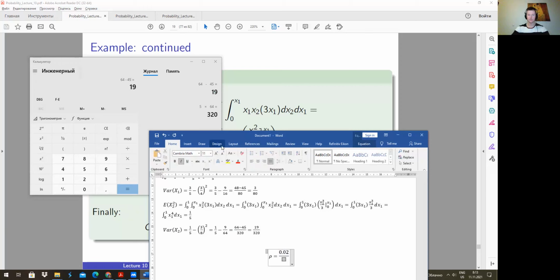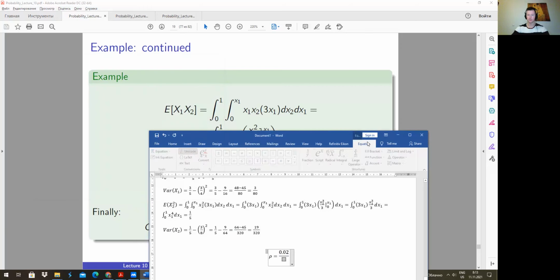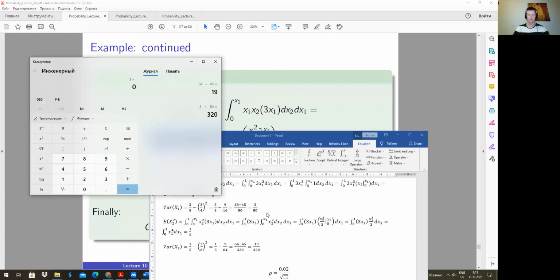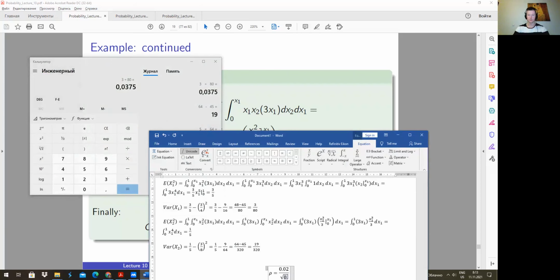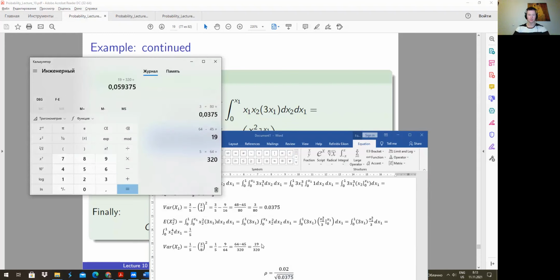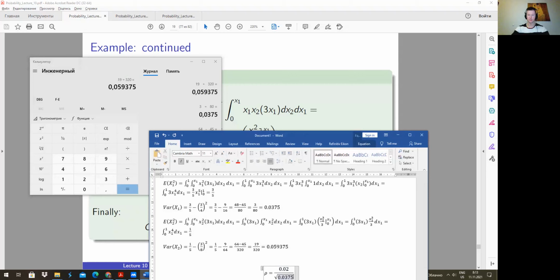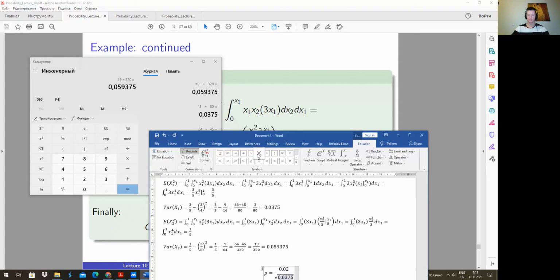Here the square root of this product: 3 over 80 is 0.0375, and 19 over 320 is 0.059375.